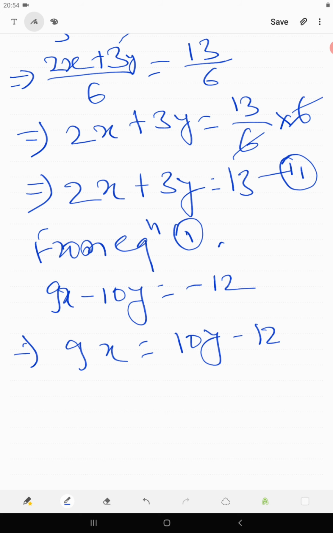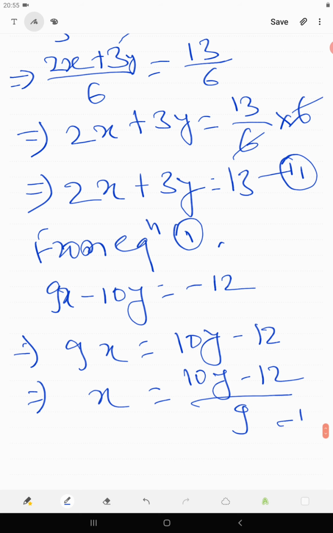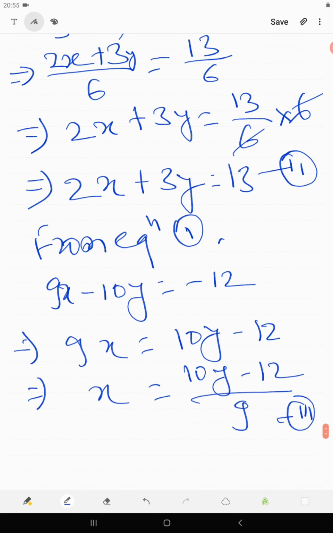It is not mandatory that you write 10y first or minus 12 first. It's the same thing. Minus 12 plus 10y you can write, or 10y minus 12 is also fine. So x equals, now 9 is multiplied with x. When we take it towards the right, it will be division. So 10y minus 12 divided by 9. This is our equation 3.